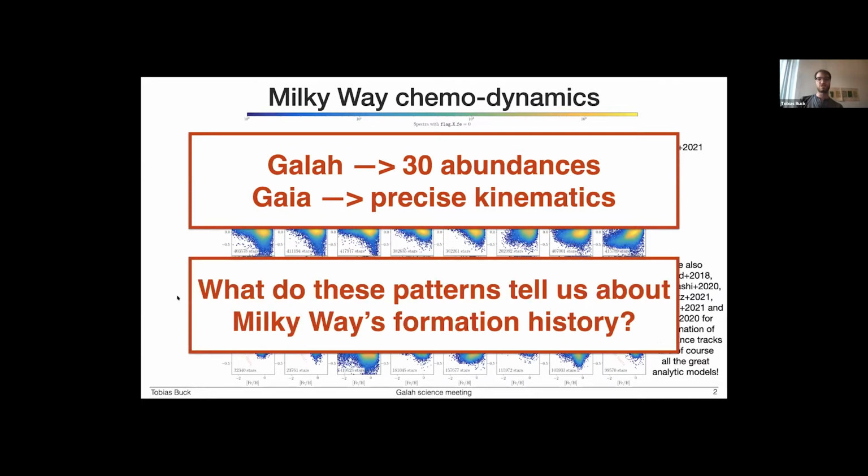But the question for me is, what do the chemo-dynamical patterns of the Milky Way's stars tell us about its formation history? The problem with observations, from my perspective, is we only get a snapshot of the present day. We only know the configuration of the present day, but we don't know how we arrived here.